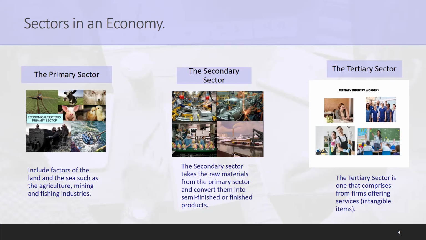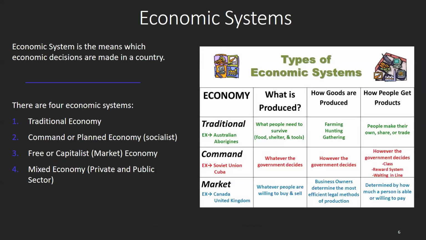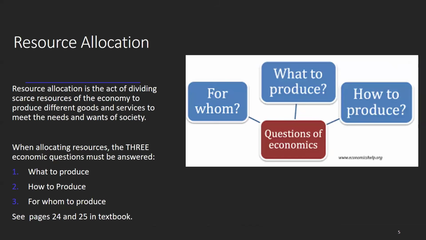Alright, we looked at this already. Resource allocation, right? Because of scarcity, we have to make these choices. What to produce, how to produce, and for whom to produce.